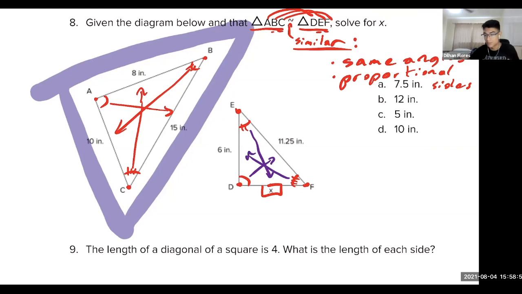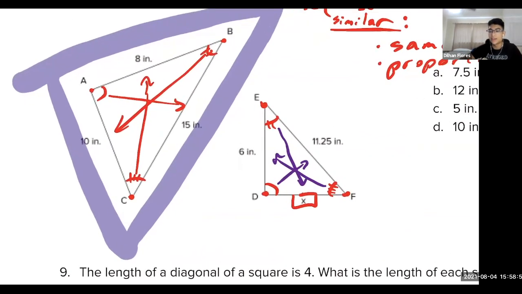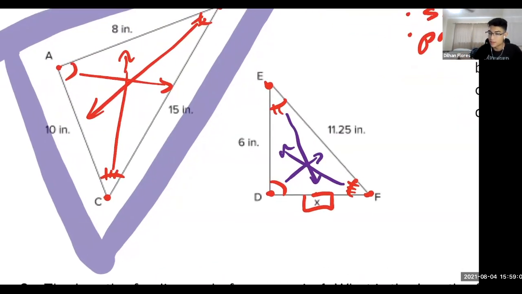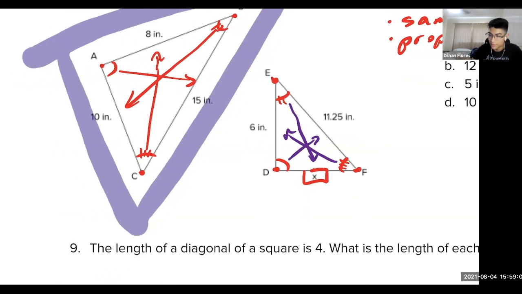Awesome. Now let's get into our ratio, onto these proportional sides we were talking about. This angle, angle A, has to do with 15. And we know that angle A is the same thing as angle D, so somehow 15 has to do with 11.25. What does that even mean? Well, I'm just going to write that 15 here.